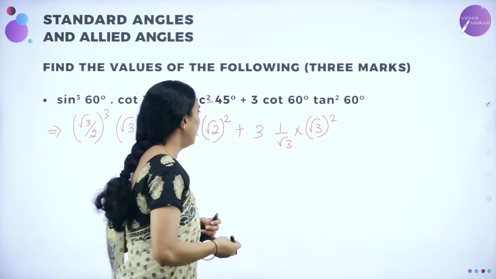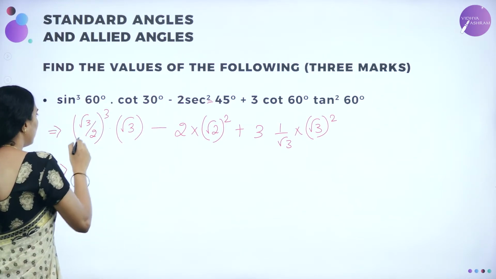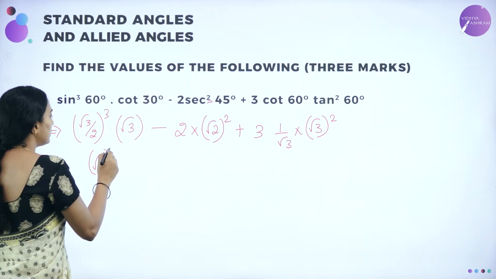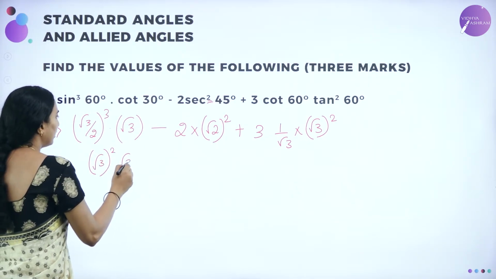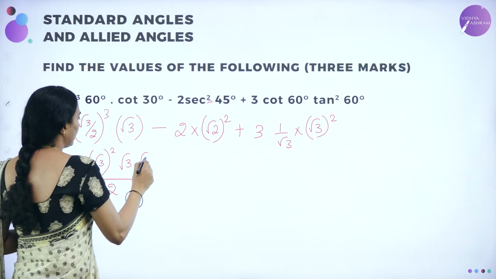Correct? So therefore you can simplify this one again, which will become root 3 whole cube. I am writing it as root 3 whole squared into root 3 divided by 2, into root 3.